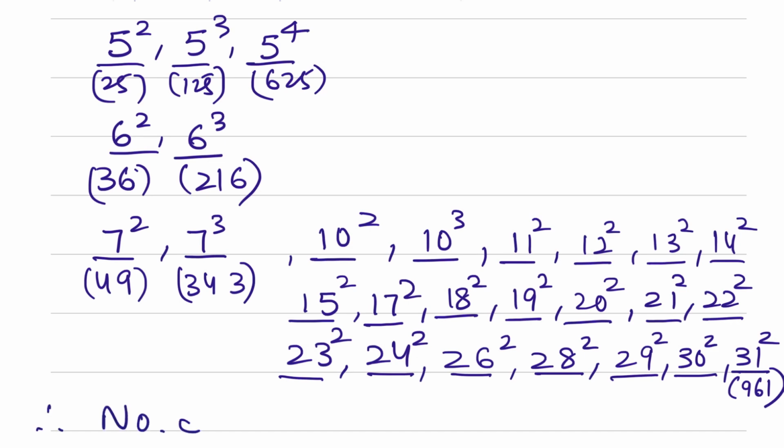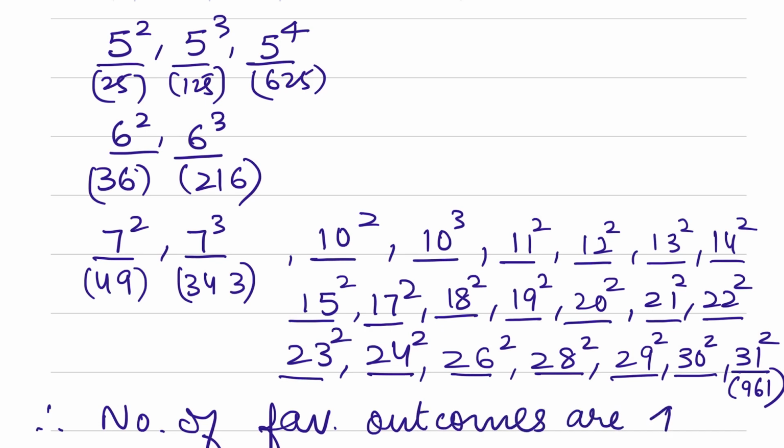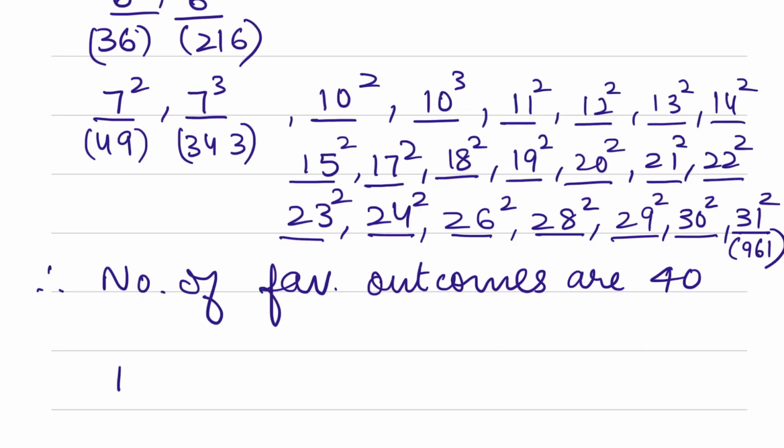Therefore, the number of favorable outcomes is 40.